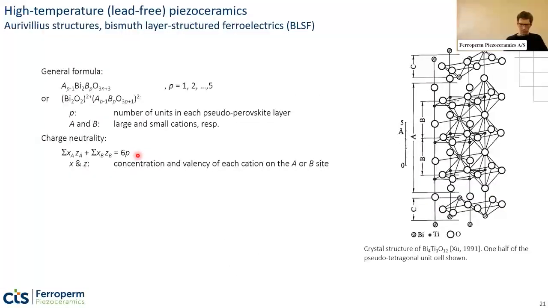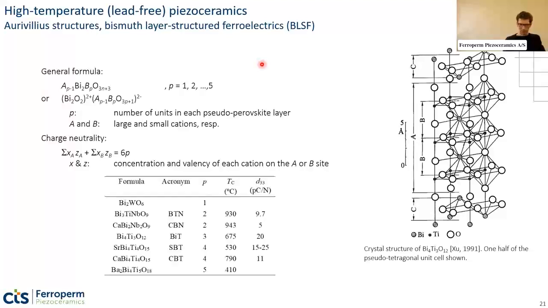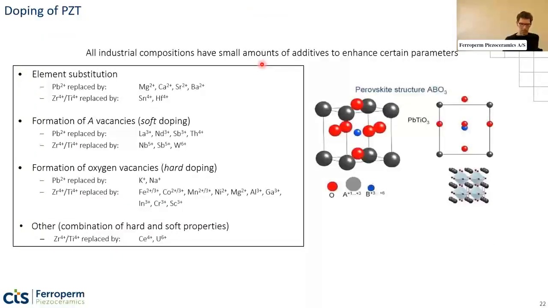Okay, so I think I'll skip explanation of the high temperature materials because this structure is a bit more complicated. I'll just mention here that you can tune the properties of the materials by adding some dopants. You can add small amounts of some cations like lanthanum or thorium or other more or less exotic dopants.